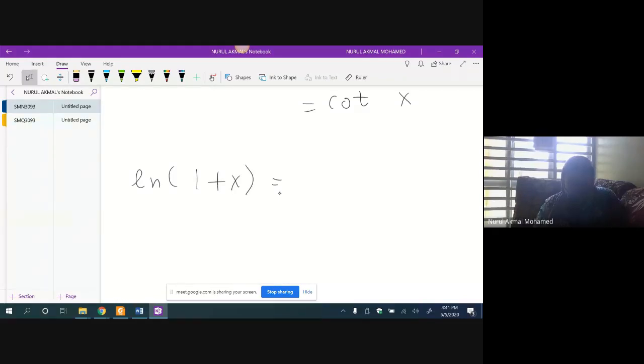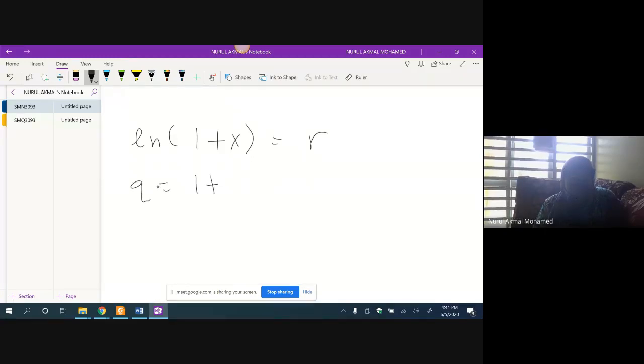So let's say you denote this as r, and you want to represent 1 plus x as q. So q is equal to 1 plus x.